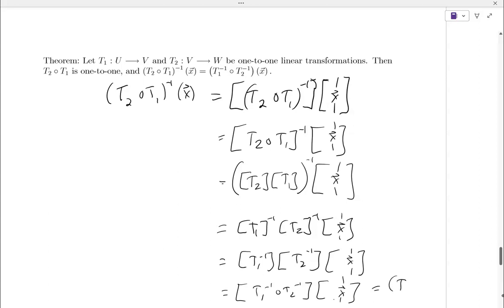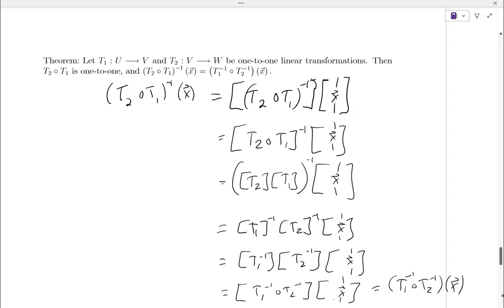And so this will be T1 inverse composed with T2 inverse of our X. So notice I went through all of this just by doing matrix multiplication. Again, I'm really talking about coordinates. So for the first step and the last step, I really should have coordinate vectors around all this stuff. These would be the coordinates of X with respect to the basis. But the process is just going through that idea there.